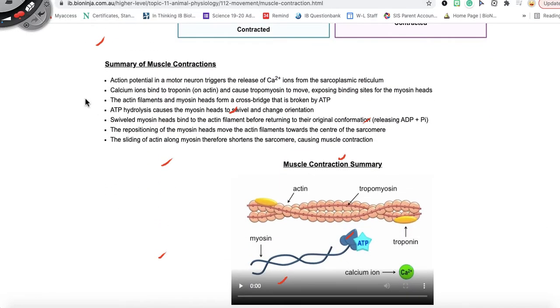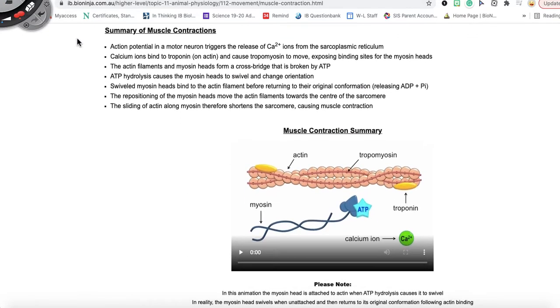So here's a nice little summary of the muscle contraction. So remember that it all starts with an action potential, and the motor neuron releases the calcium ions from the sarcoplasmic reticulum. The calcium ion binds to the troponin, which is on actin. It causes the tropomyosin, which is also on actin, to move. It exposes the binding sites on actin so that the myosin heads can now bind to these sites.